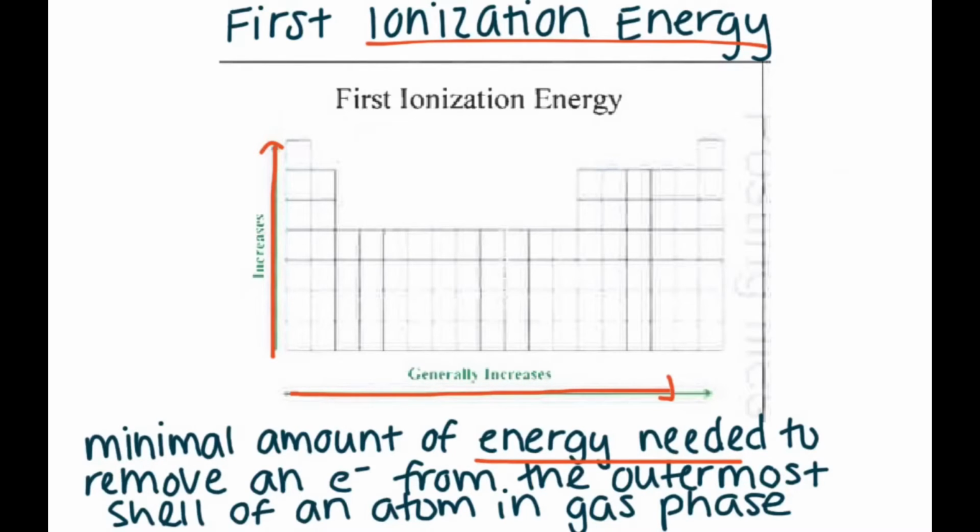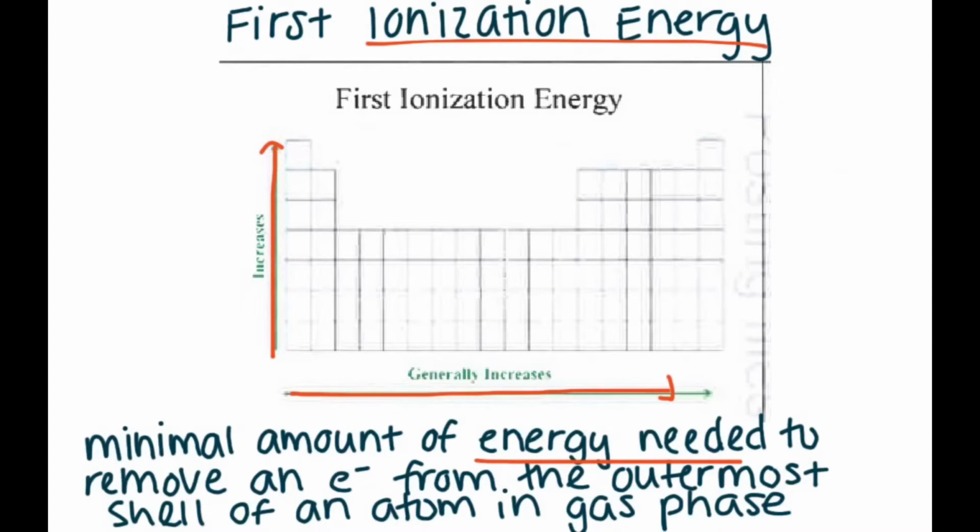So if we look at our periodic table, we know that group 1 has +1 charge, +2, +3, plus or minus 4, -3, -2, -1, and then 0 for the noble gases.